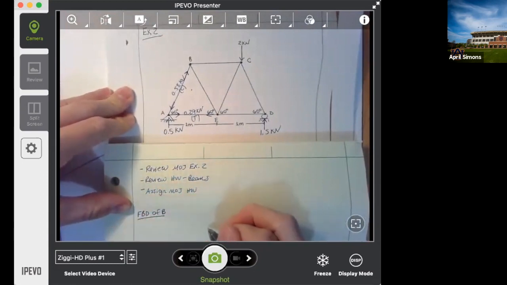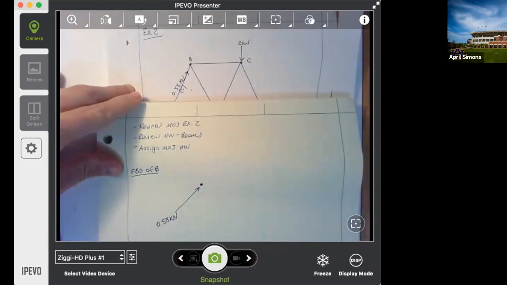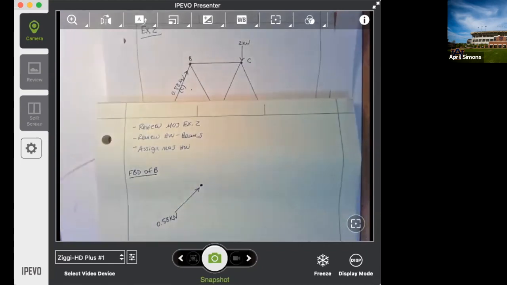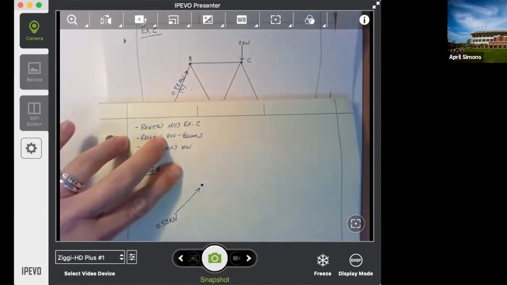Okay, so we've got the joint here. We've got 0.58 kilonewtons in compression, which we know. Okay, and then BC, we're going to assume it's acting in tension, but BC is a horizontal member.